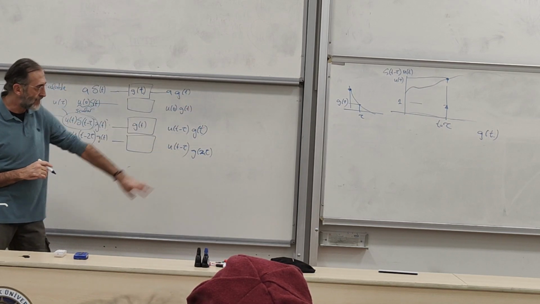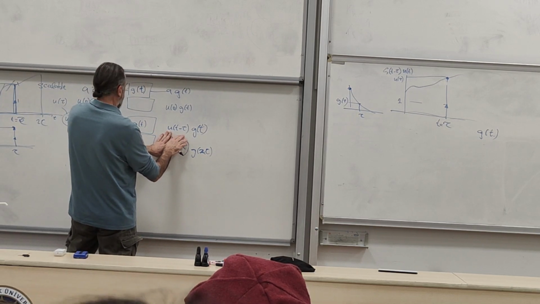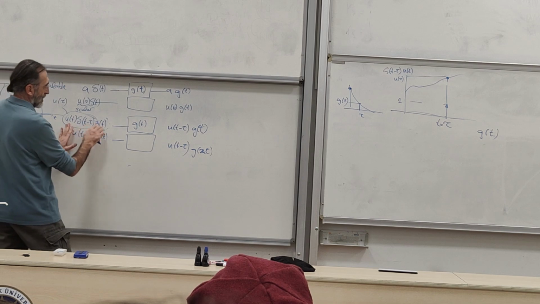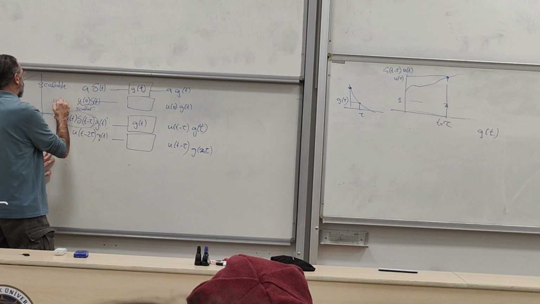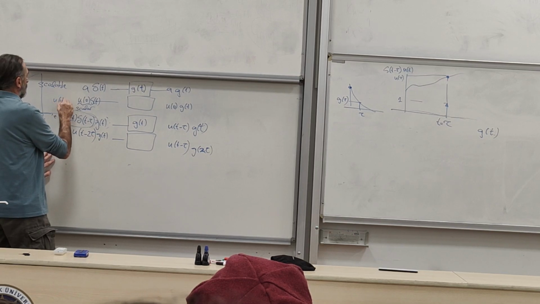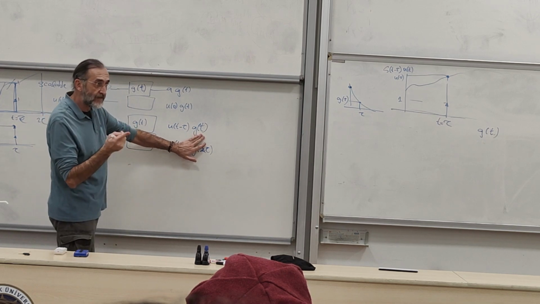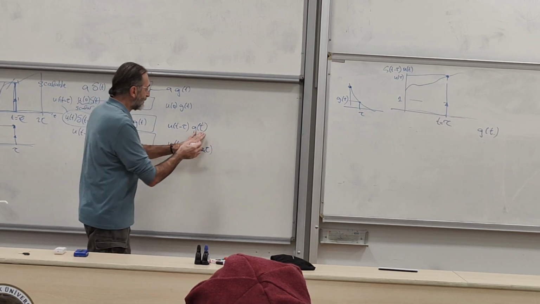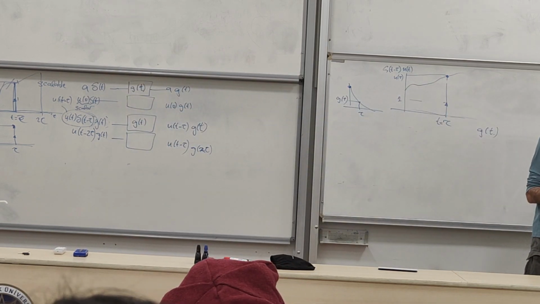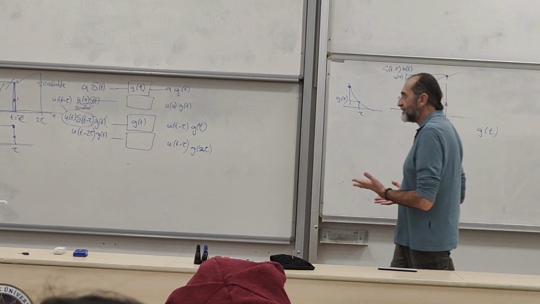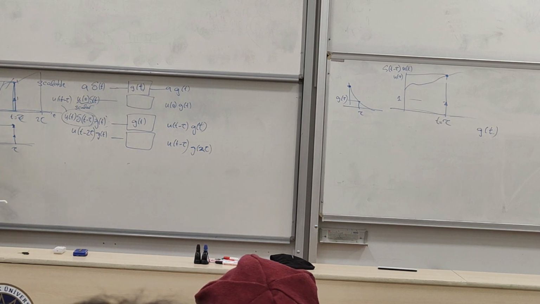Now that is going to give me u of tau times g of t minus tau. Same thing. But the system is invariant. So g of t at any t is equal to g of t minus tau. That's the same thing for the system. So I continue like this.